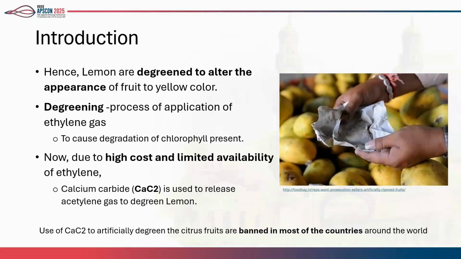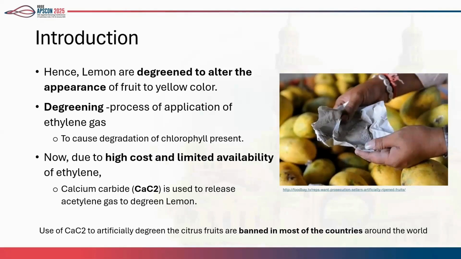The guidelines all over the world vary across countries. Some countries allow limited application of ethylene for the ripening, whereas in the majority of countries, due to the cost and limited availability, people try to adopt a crude method, wherein they use industrial grade calcium carbide, which is toxic and carcinogenic in its effects.